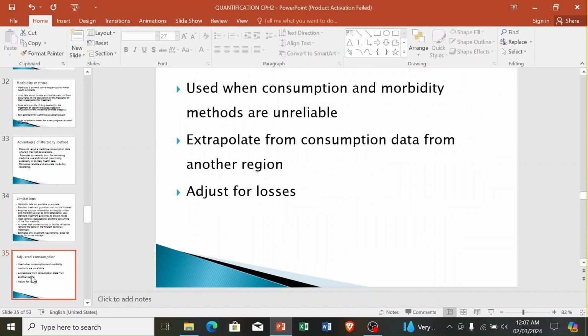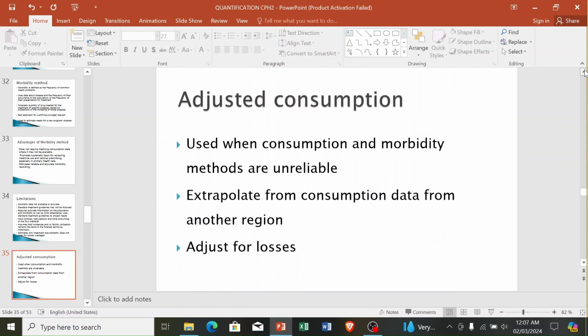So let's look at another method of quantification: adjusted consumption. It is used when consumption and morbidity methods are unreliable. It extrapolates from consumption data from another region. So we find that it uses another region's information to determine what they can have.